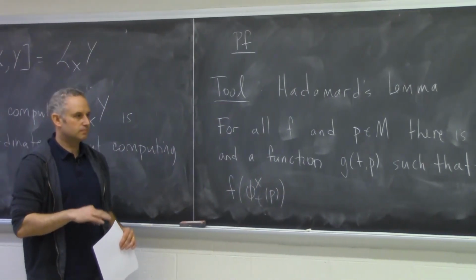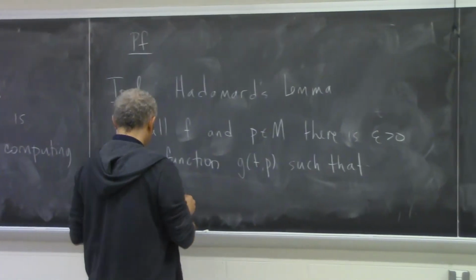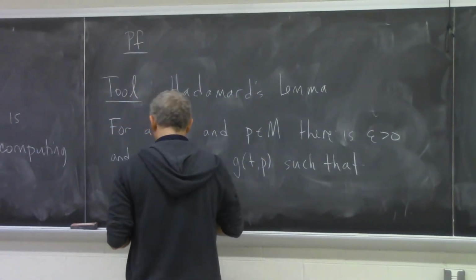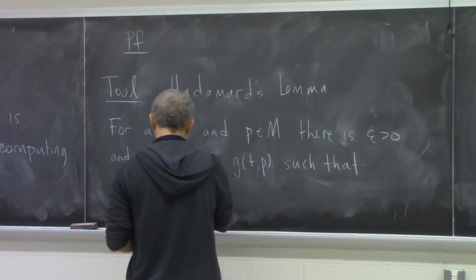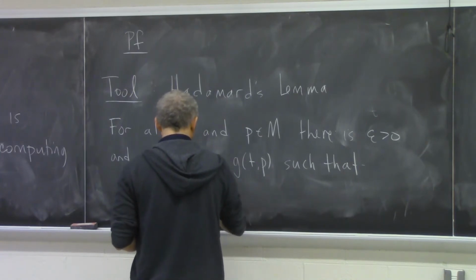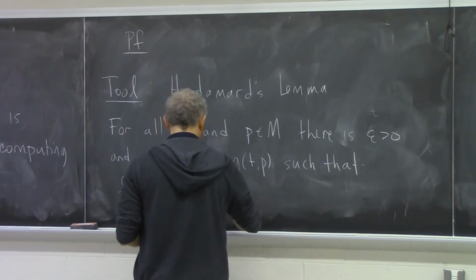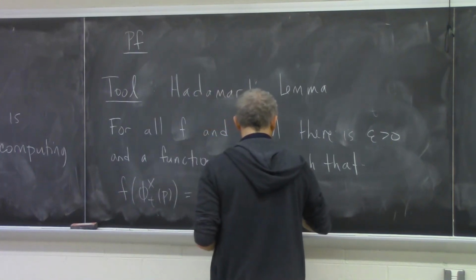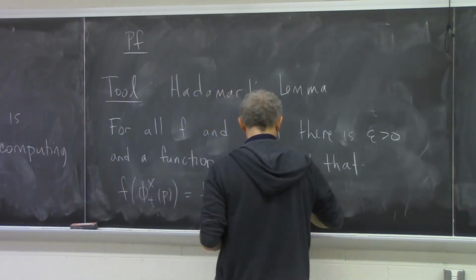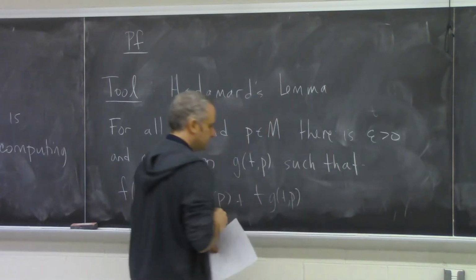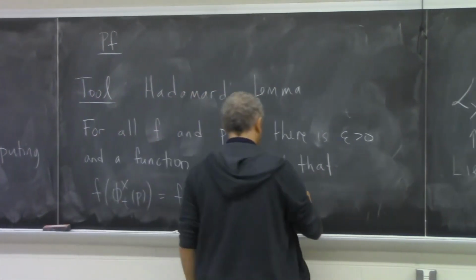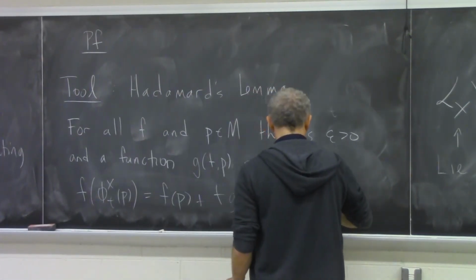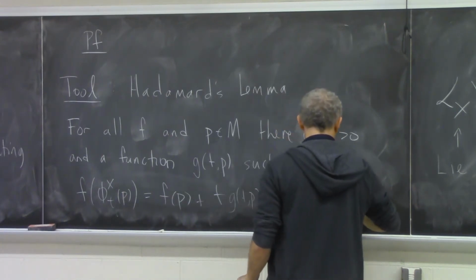And so Hadamard's lemma tells us that this function of t is f evaluated at p, that's a number, plus t times something, this function g. And that works for t less than epsilon.